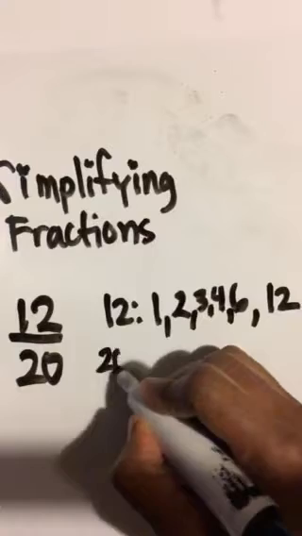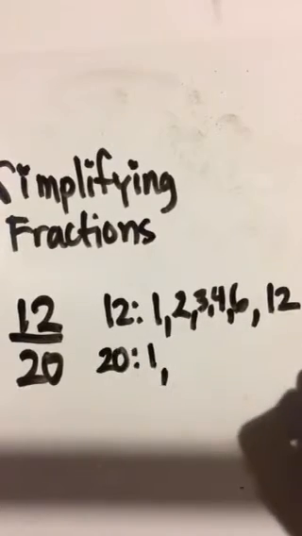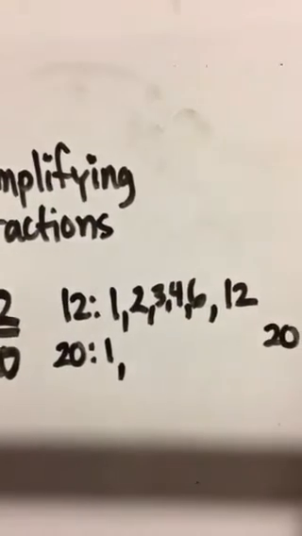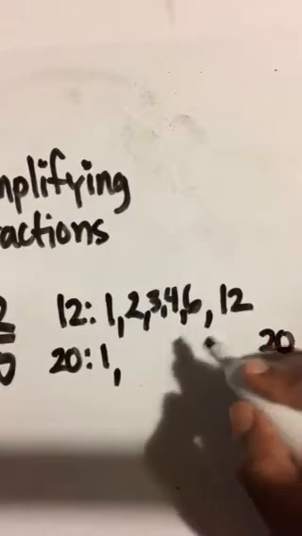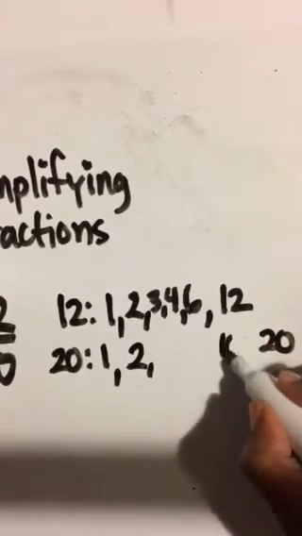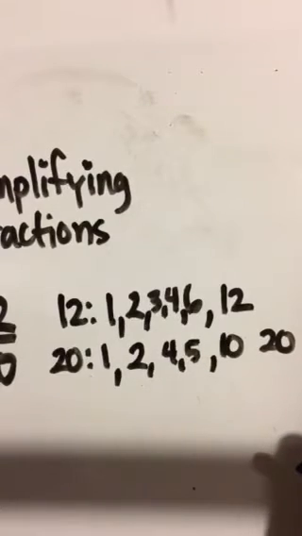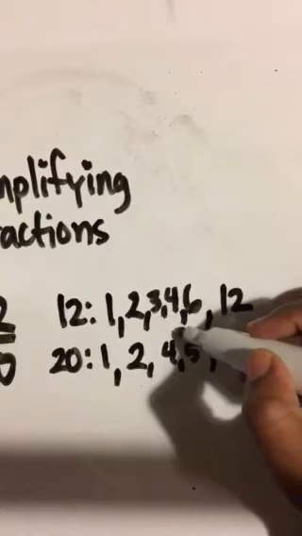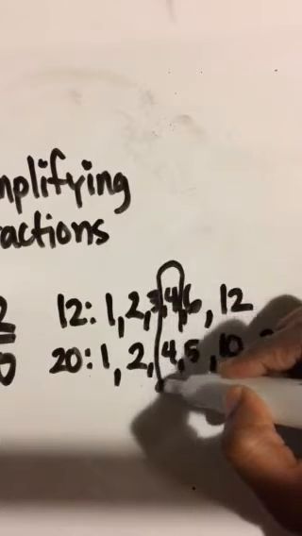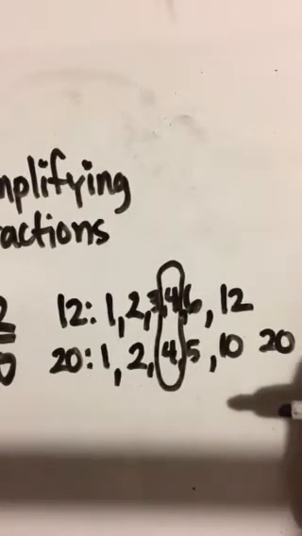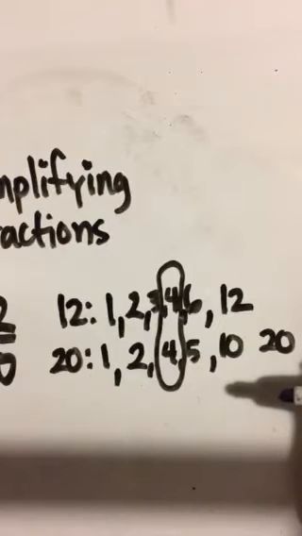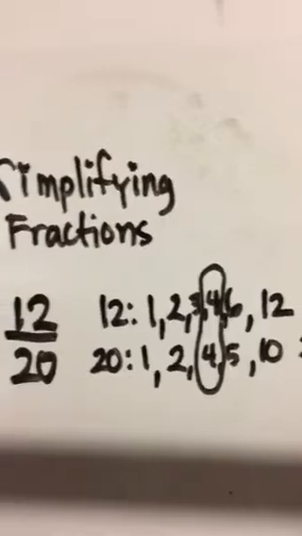Let's find the factors of 20. 1 and 20, 2 and 10, 4 and 5. Their greatest common factor is 4, which means I can divide both of them by 4 and get the simplest form.